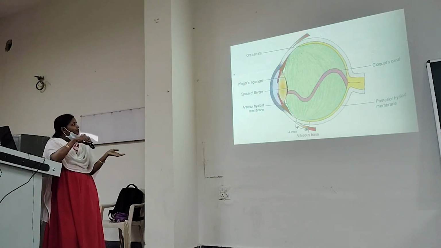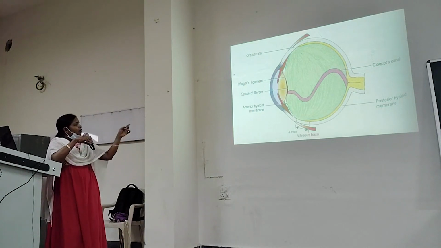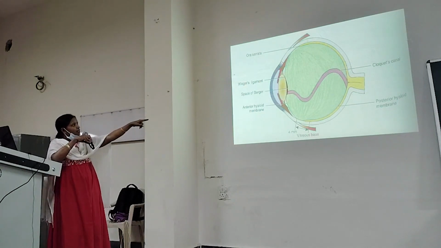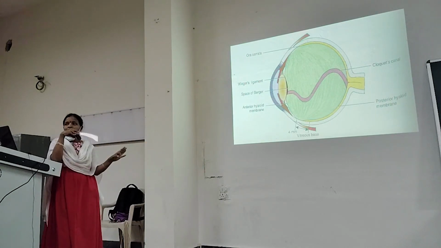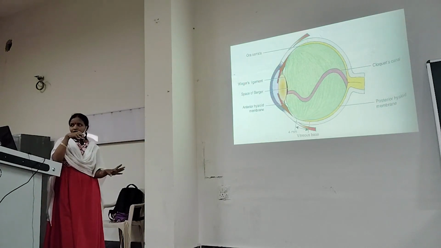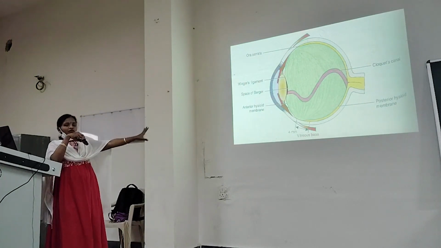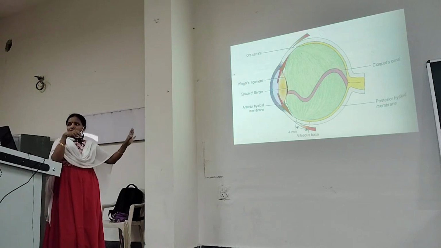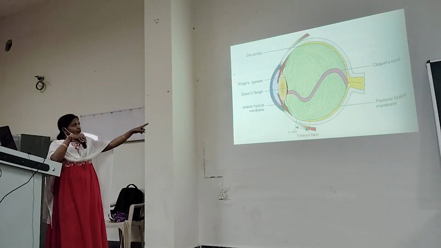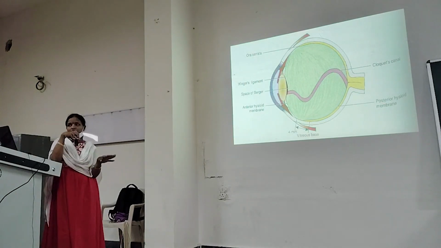And there is Cloquet's canal. You can see the pink canal that is not present in the adult or after birth. Just before birth, you will have that Cloquet's canal. Lens will be getting nutrition from the choroid through the vessels which are present in the Cloquet's canal.